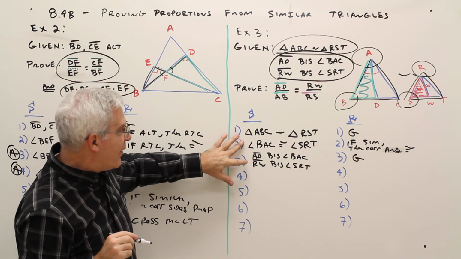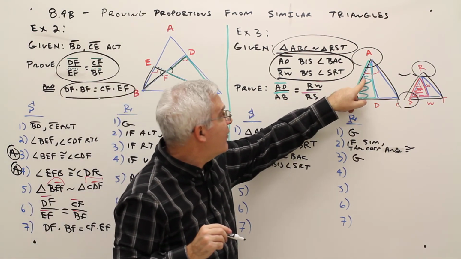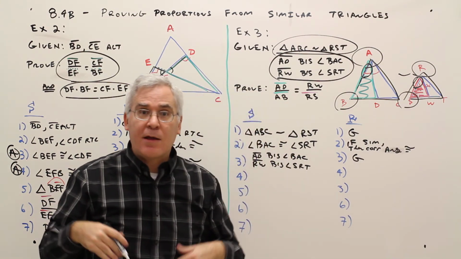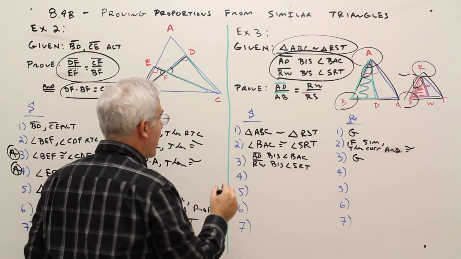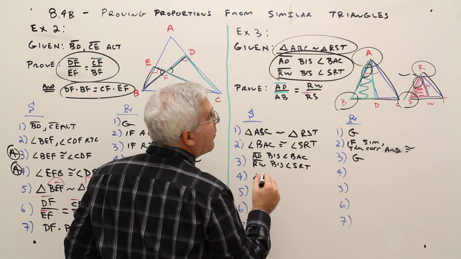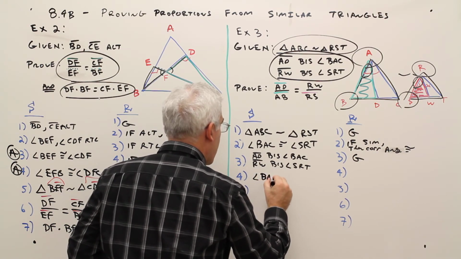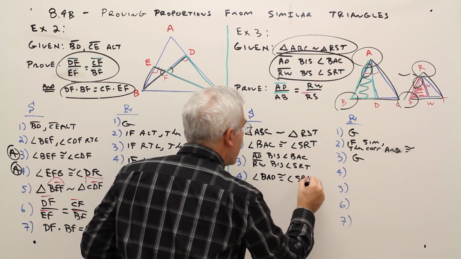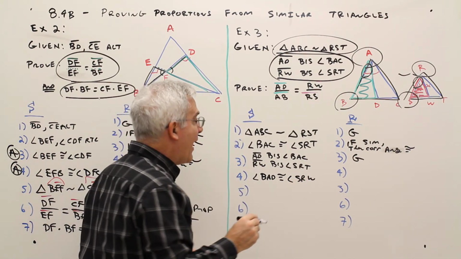And then based on this and this, I'm going to get these smaller angles to be congruent by like divisions of angles. So I'll get angle BAD to be congruent to angle SRW by our old friend angle division.